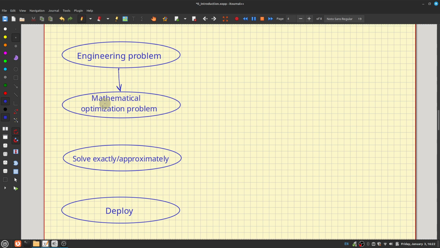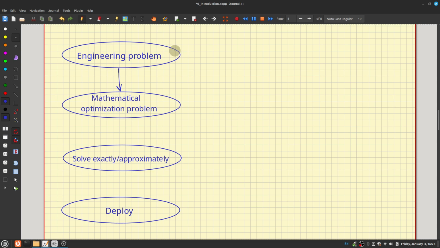I want to have these competing interests, right? These parameters that I want to be as large or as small as possible. But the same problem could be formulated mathematically in different ways. So there's no single way, there's no one correct way of going about this in many problems of interest.